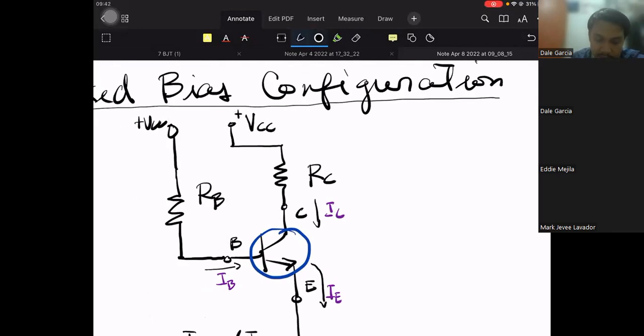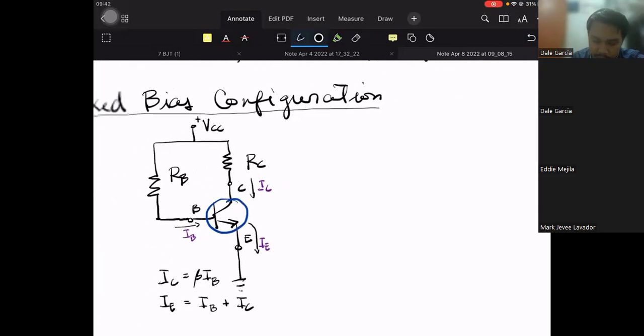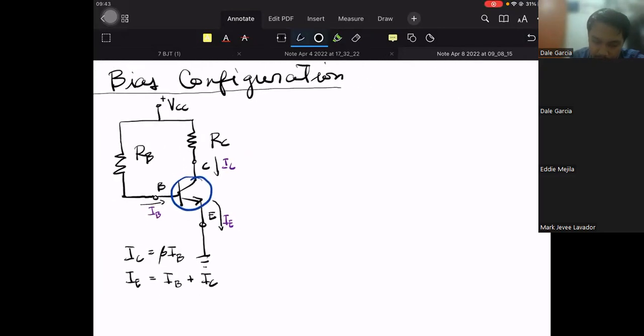Okay. To do that, no? Meaning si RB is connected to a separate DC source from RC of the same value. So if nga na, it could look like this.